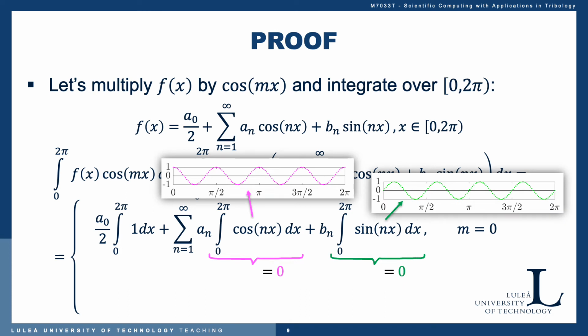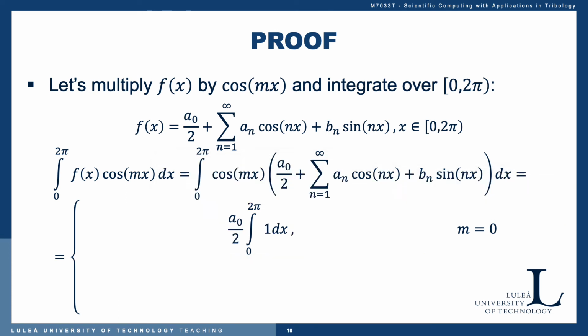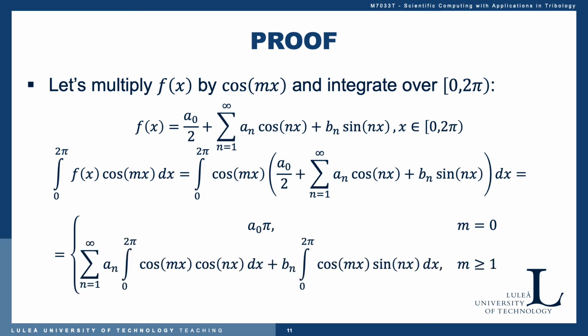Same goes for the sine, it's always 0. So that was easy. It gives us the result for the case where m is equal to 0: just a0 times pi.